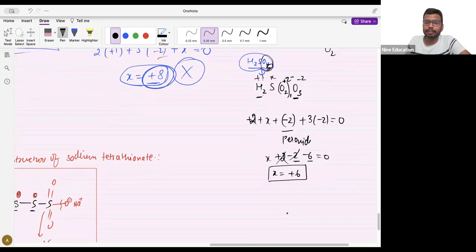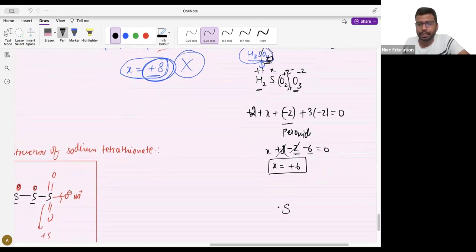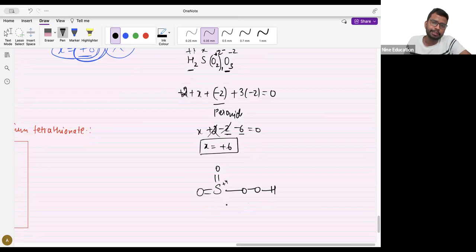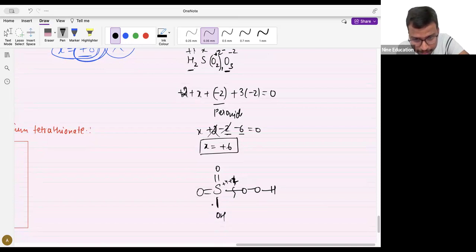So x is +6. How can I make +6 on sulfur? You can have 2 oxygens with double bonds, so you will have +4. Now you have to add 1 peroxide O and H. The peroxide gives +1 charge, and the OH also gives +1.